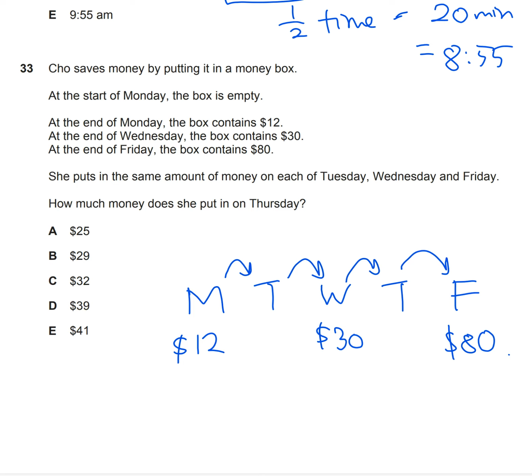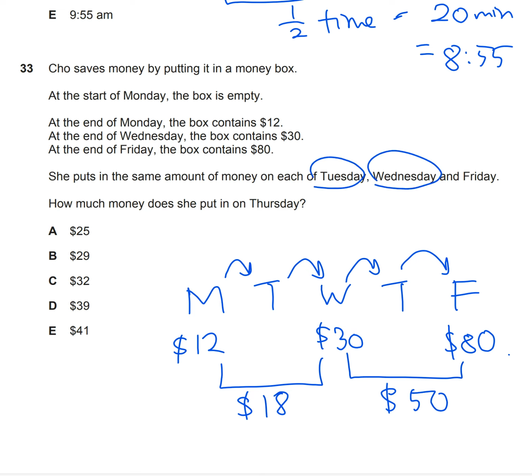Let's see how much we actually added. From $12 to $30 is an addition of $18. And from $30 to $80 is an addition of $50. Now, Tuesday, Wednesday, Friday, they added the same amount, which means to get from 12 to 30, we must have added the same amount from Monday to Tuesday, and then the same amount from Tuesday to Wednesday.